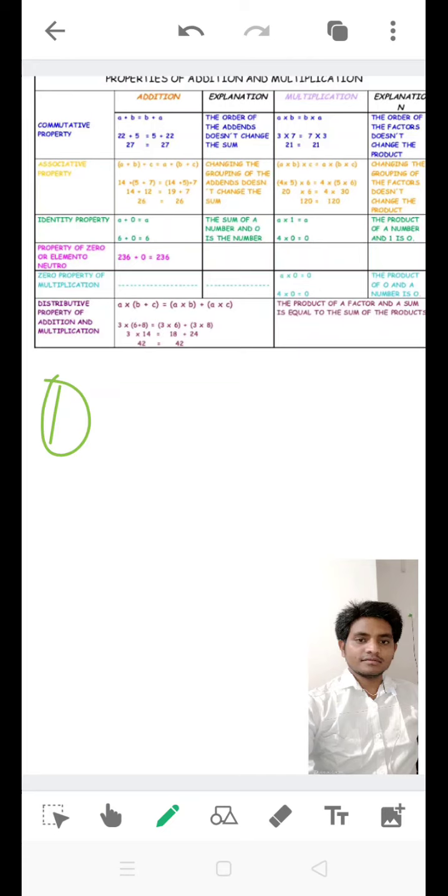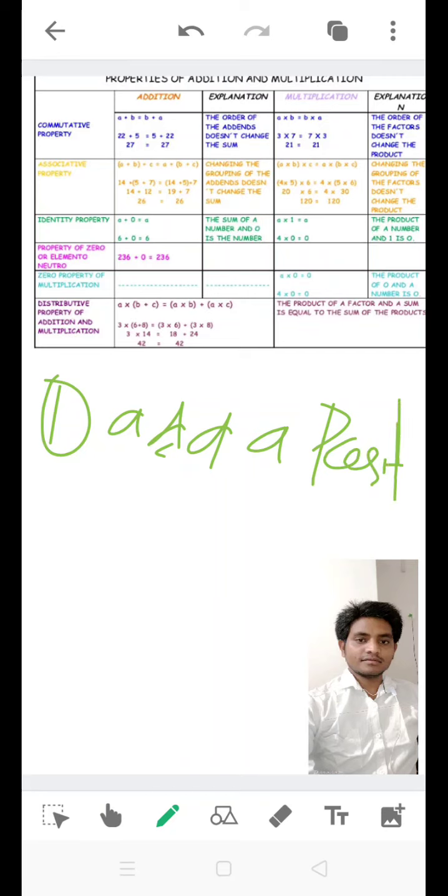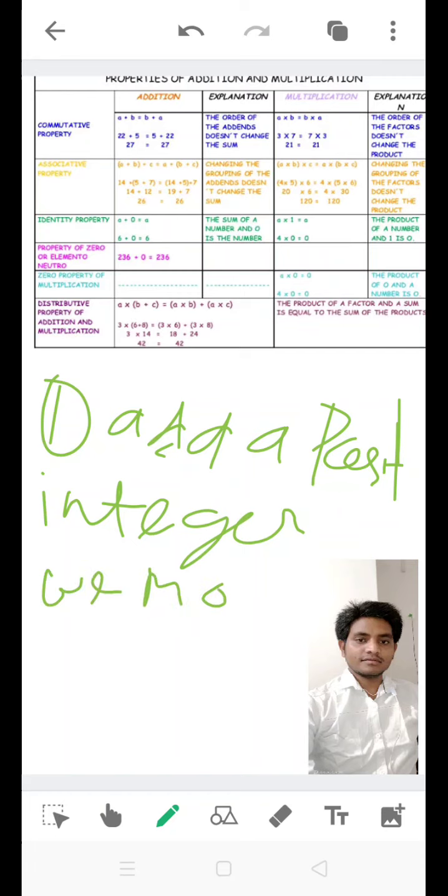when we add a positive integer, we move to the right.